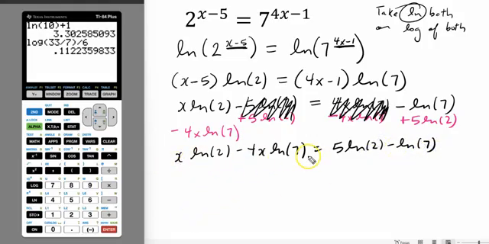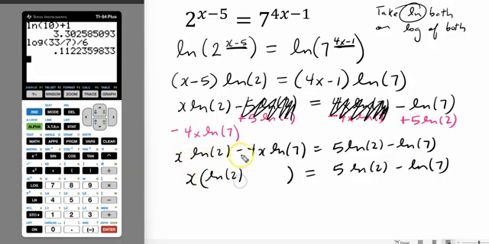Now over on this side, the reason why I wanted to get everything that had an x in it on the left-hand side is I'm going to factor out the x. If I factor out the x, so this side stays the same, what are we left with? Well, if I factor out an x from this, I'm left with ln of 2. And if I factor out an x from that, I'm left with minus 4 times ln of 7. Now, to solve it, I need x by itself.